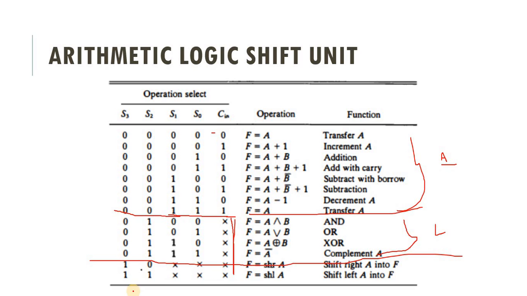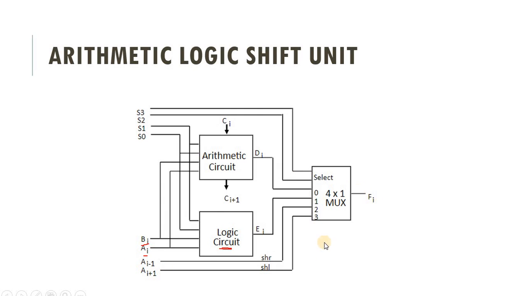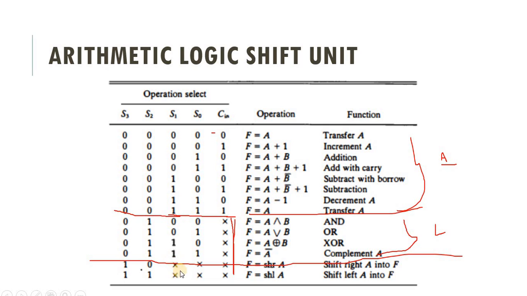And for the last ones, you can see that to perform the shift left and shift right operations we require only AI-1 and AI+1. Also we require only the 2 select lines, S2 and S3, and all other values are don't care. So here S2 and S3 values are given, all other values are don't care. These operations are the shift operations.